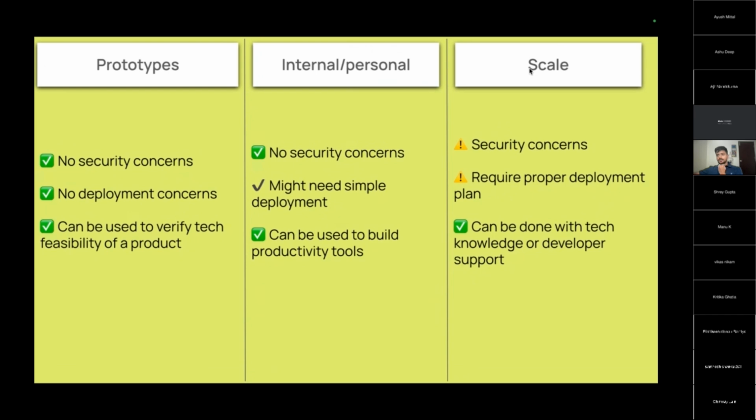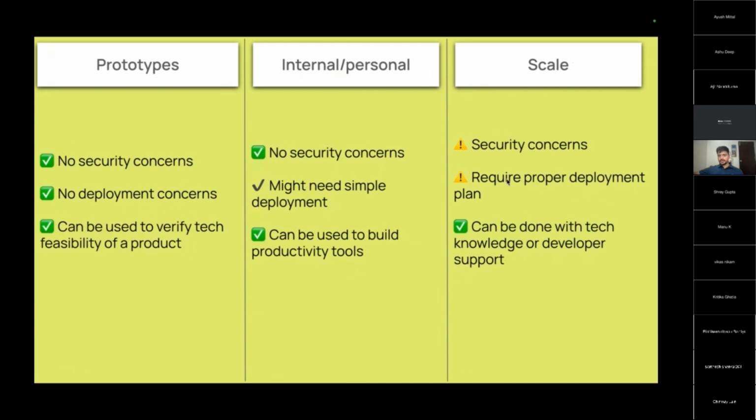Now, if you want to build something where you want to onboard multiple users and build for production scale, there will be security concerns. So either you should learn about them yourself or have a developer who is helping you solve for security concerns. These will require proper deployment. You can't deploy on Lovable if you want a production-scale app.